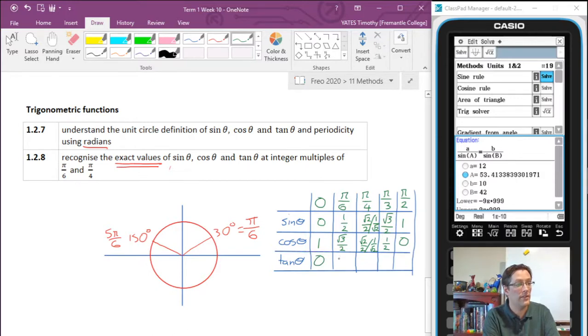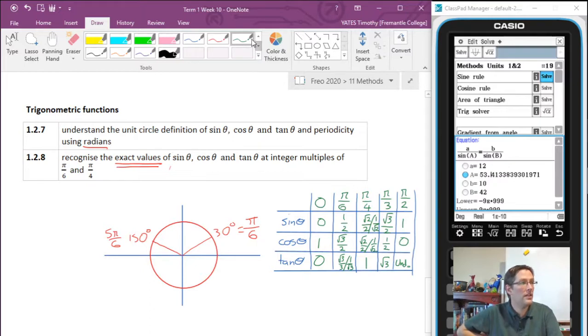That is root 3 on 3, or 1 on root 3, both are fine. Then we've got 1, because it's the same thing on top of itself. Then we've got square root of 3, and then we've got undefined. It's undefined because cosine theta is 0, and dividing by that gives us an undefined answer. You can't divide by 0.